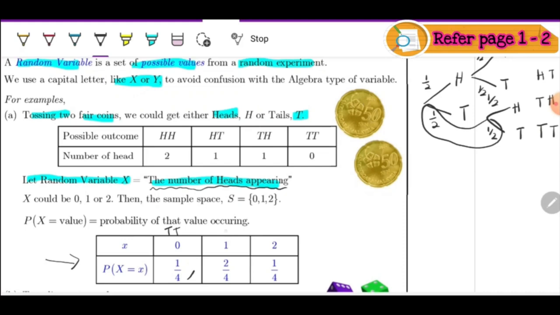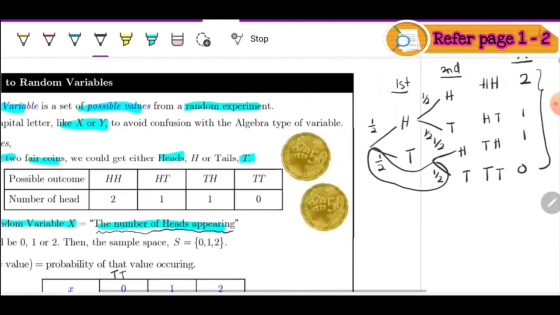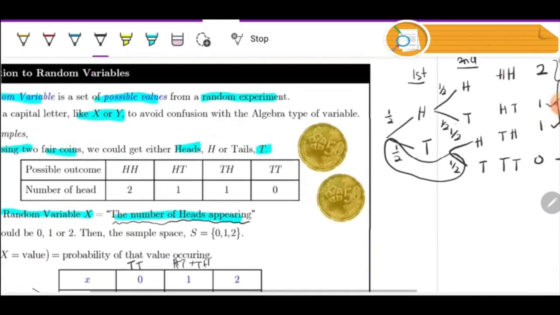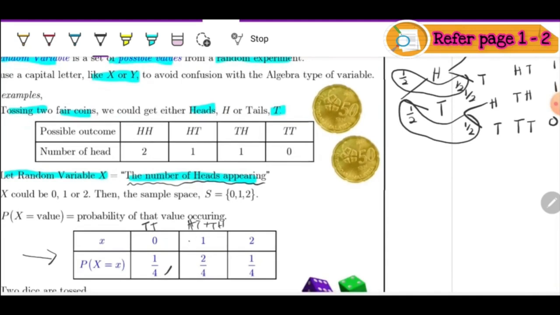1 means 1 head, which is head, tail, or tail, head. So the probability of getting head, tail is 1/2 times 1/2, so we get 1/4.